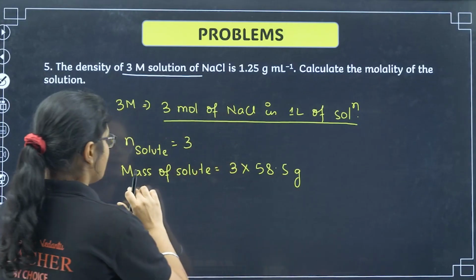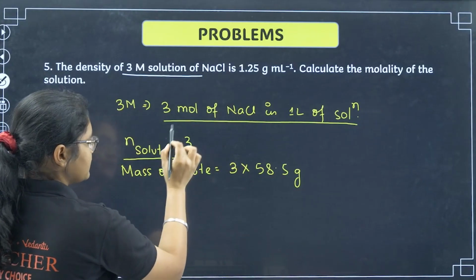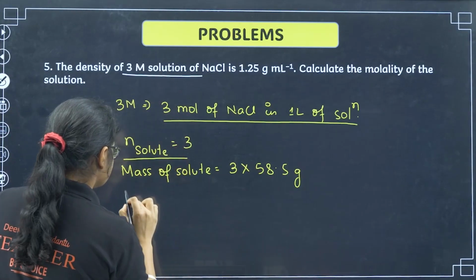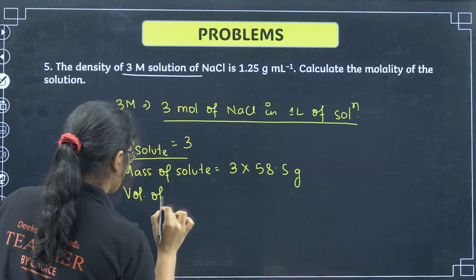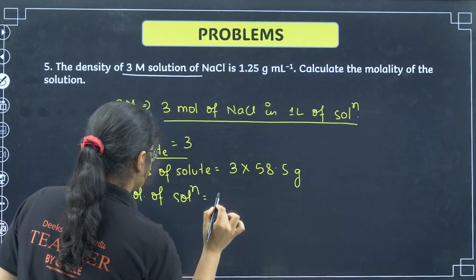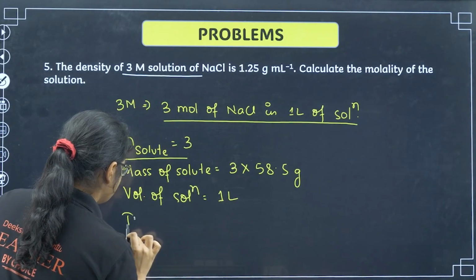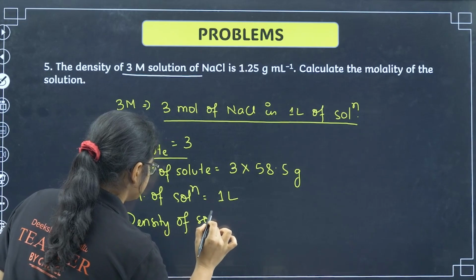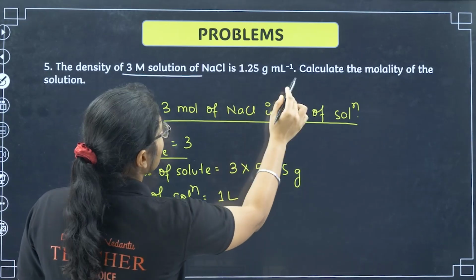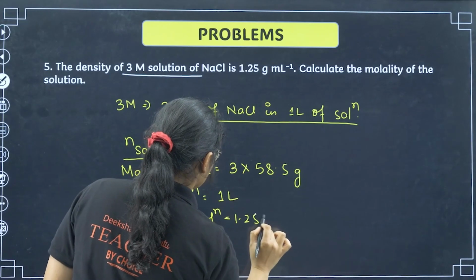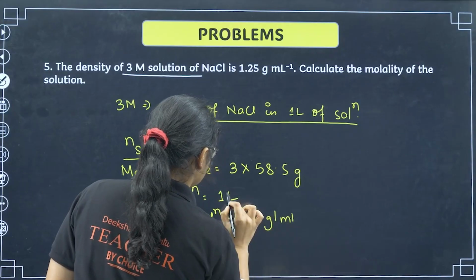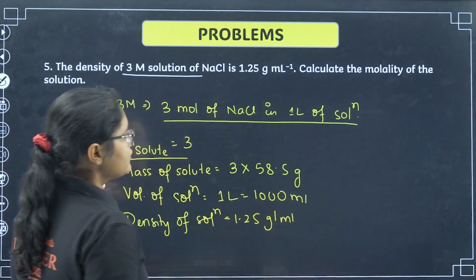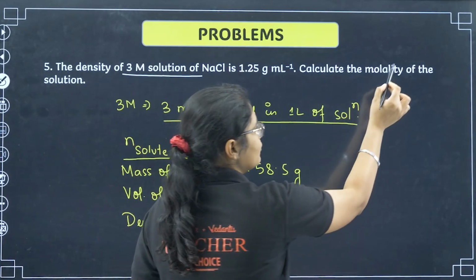The number of moles of solute is already given. We can convert it into the mass of the solute, and I have the volume of the solution, which is equal to 1 liter. I have the density of the solution given in the question, which is equal to 1.25 gram per ml. 1 liter is equal to 1000 ml. Now the question asks us to calculate the molality.